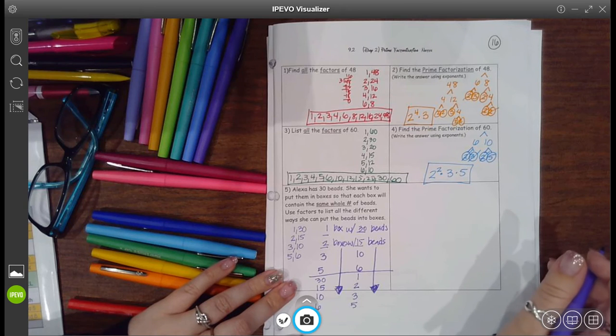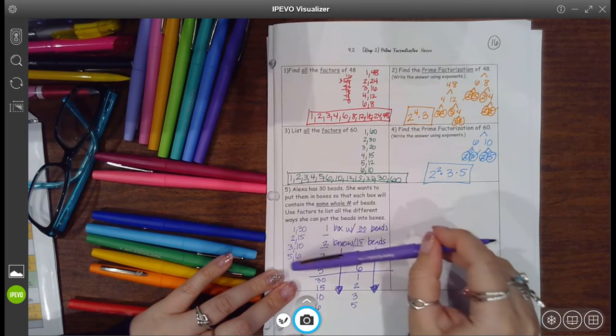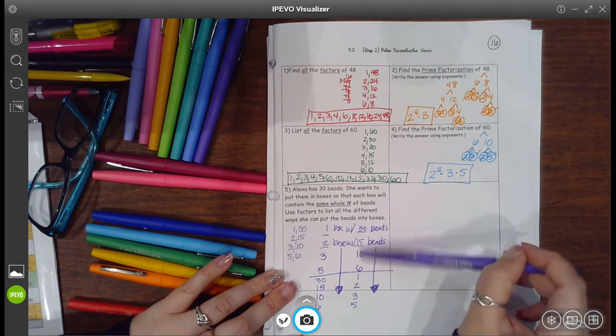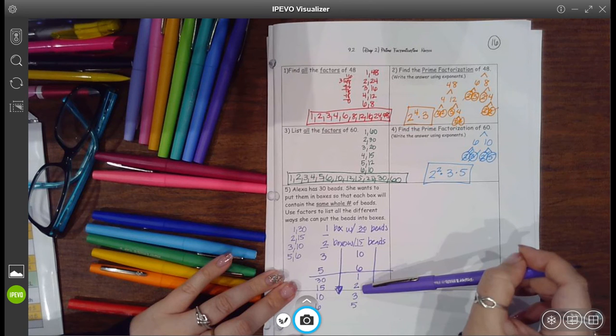So those are all the different possibilities of how I could organize these so that they each have the same matching amount. So you find all the factors, and then you could do it one way, and then you can also double that amount because you can flip it and do it the other way as well.